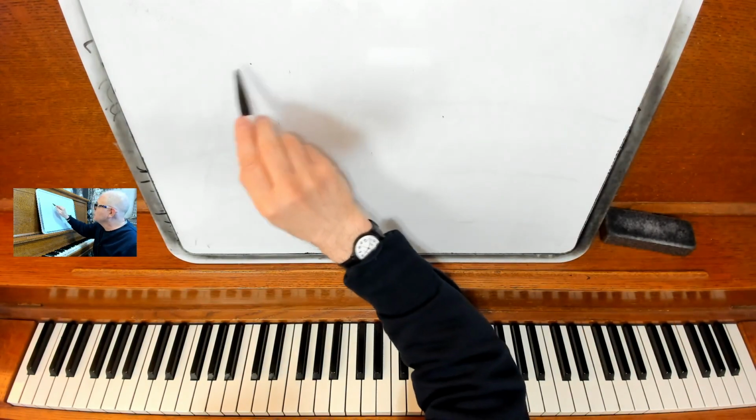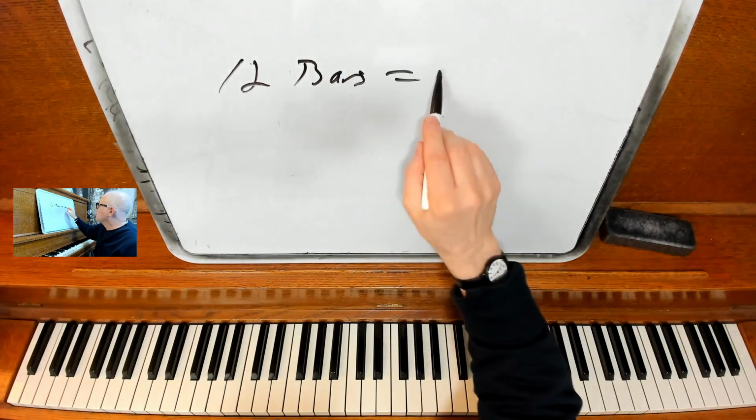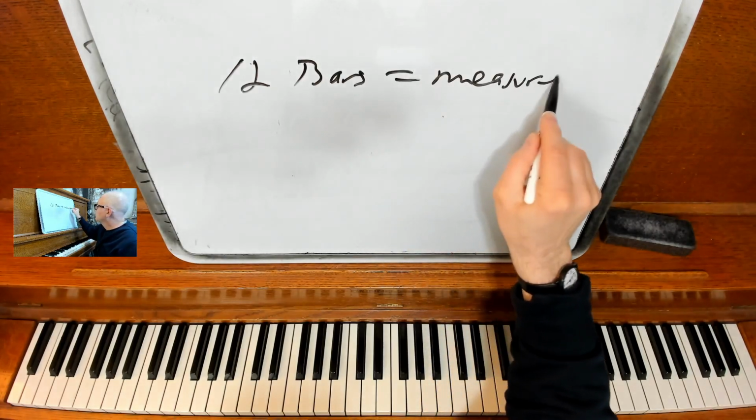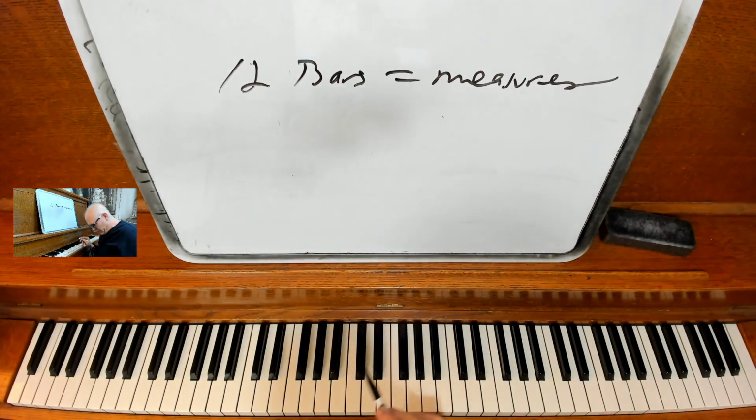It usually means that you have 12 bars or measures. I remember a friend of mine, an African musician, a really good musician, he says, we don't have measures. Well, they have highly structured music in Africa, but they just don't really think about measures in the same way that we do.